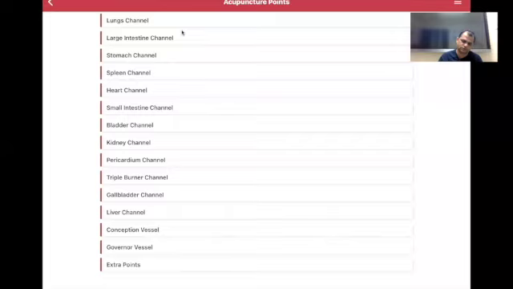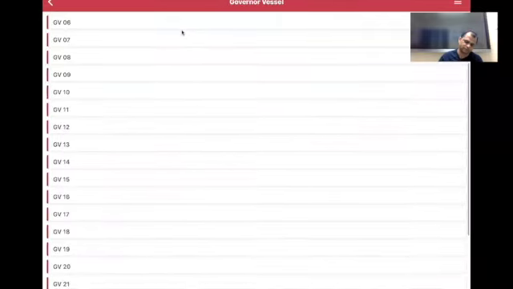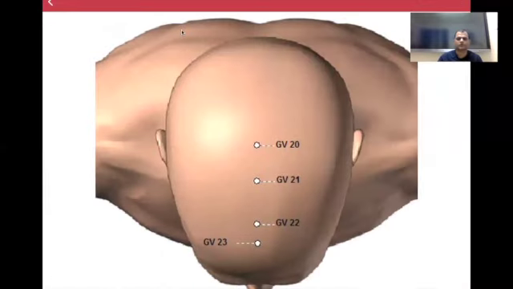So when we stimulate the DU20 point or governing vessel 20 point, the governing vessel 20 is the topmost point of the head and it is treating the bottom problem or the heel pain.